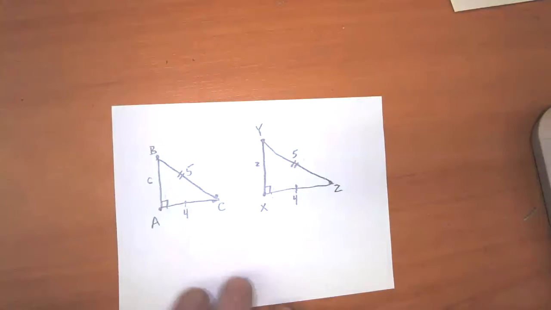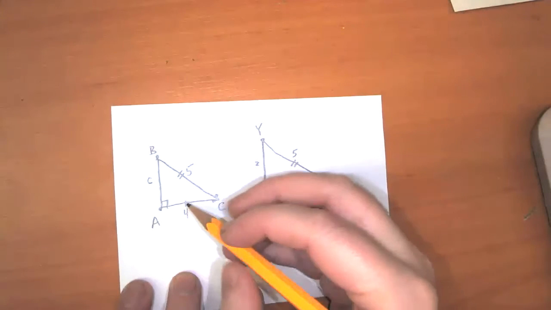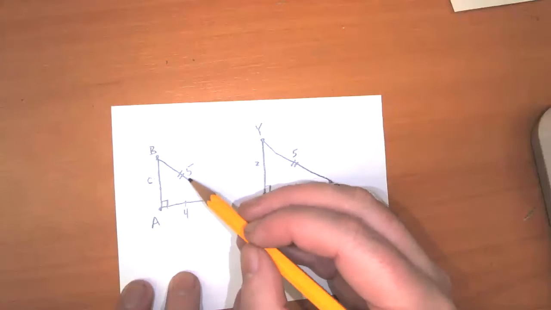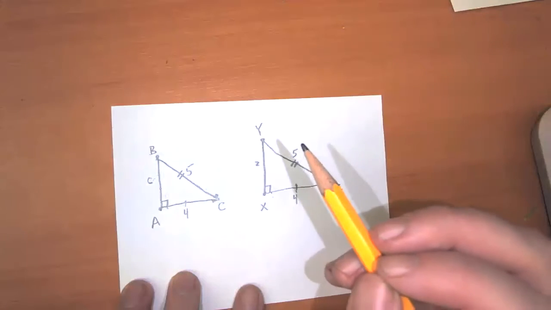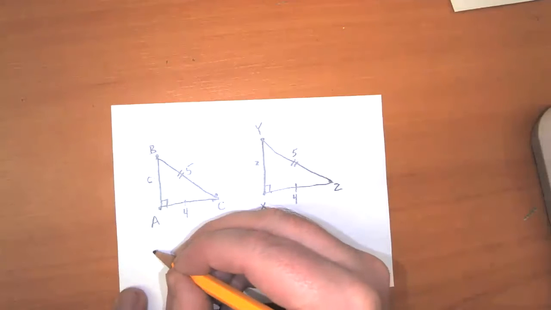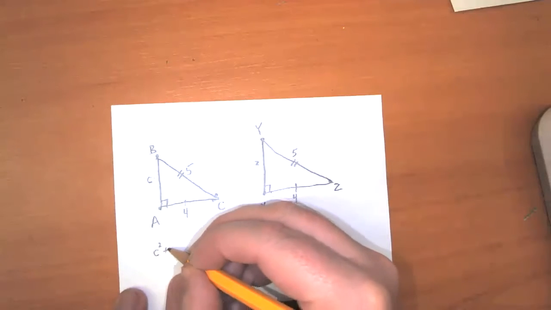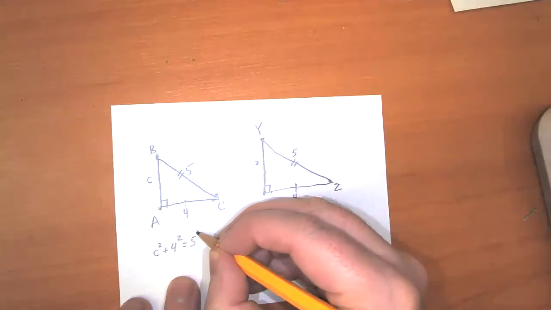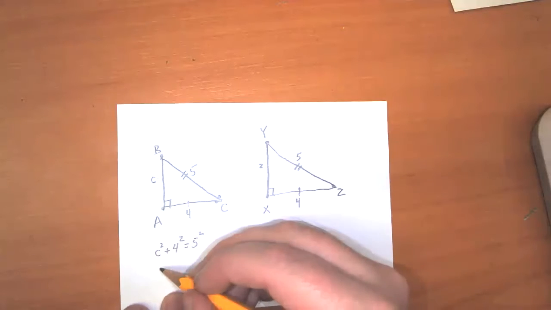Well, we know the Pythagorean theorem. And so the Pythagorean theorem says that if you square the two legs and add them together, you're going to get the square of the hypotenuse. So in this case, we've got c squared plus 4 squared is equal to 5 squared.